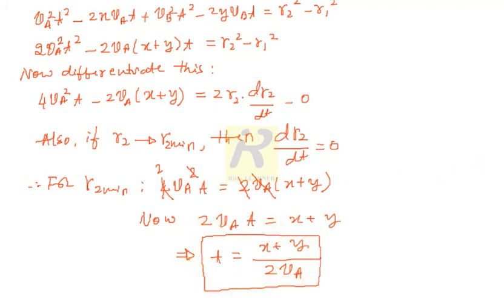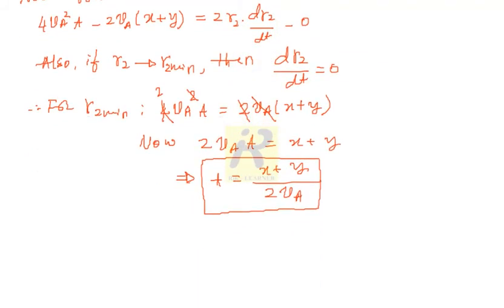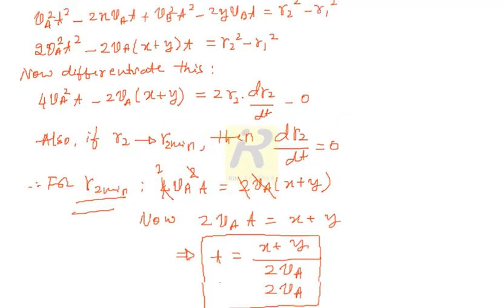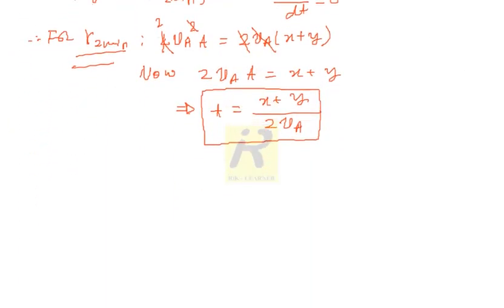Okay, so if we put some values for x and y, we will get the time at which the distance R2 becomes minimum. The distance between the two cars becomes minimum. Well, now I assume the initial situation at t equals 0.